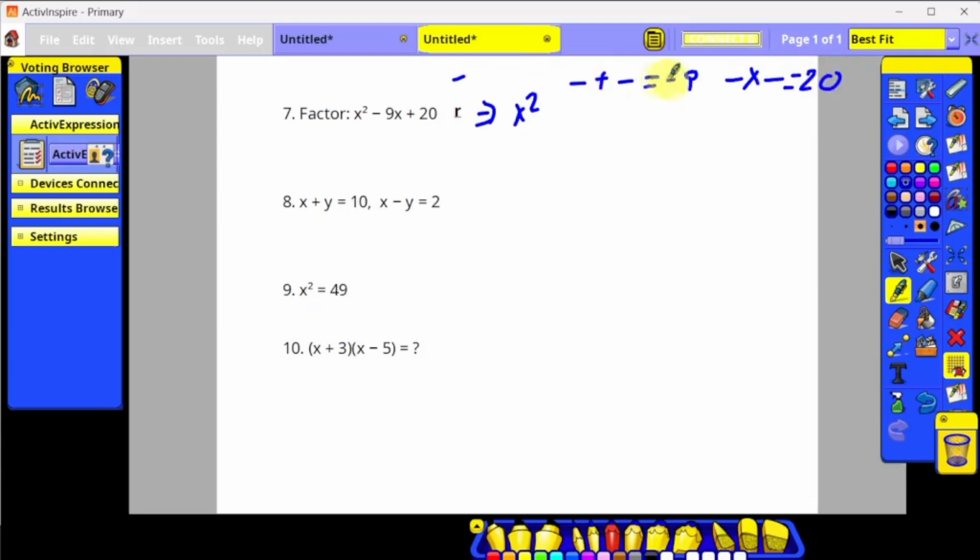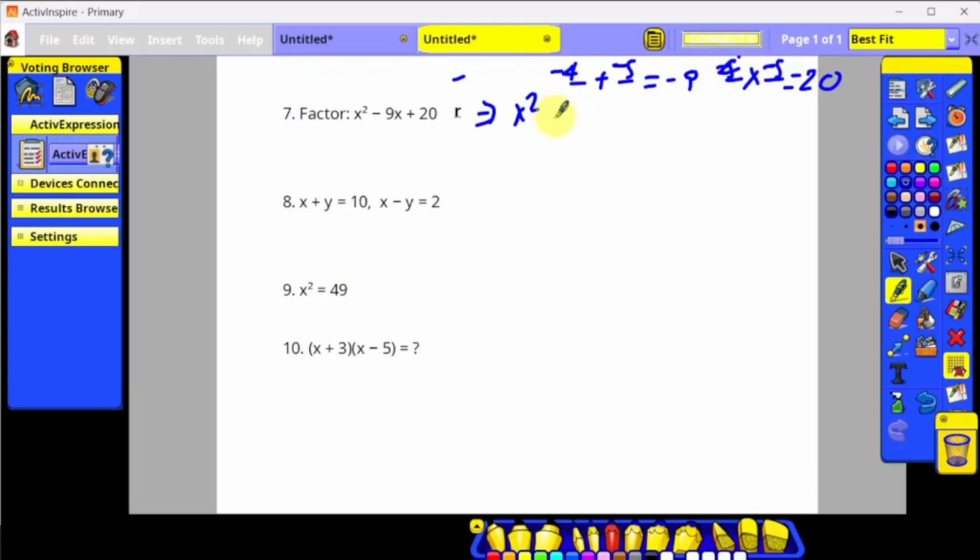So what are the two numbers which add up to minus 9, and their product is 20? That is minus 4 and minus 5. Minus 4 and minus 5 add up to minus 9, and minus 4 times minus 5 is positive 20.